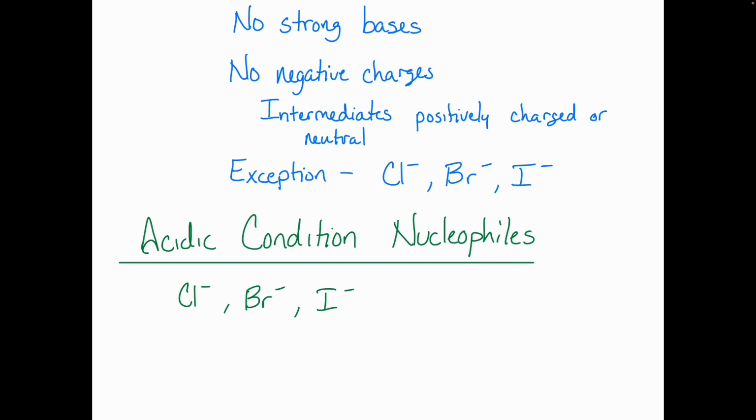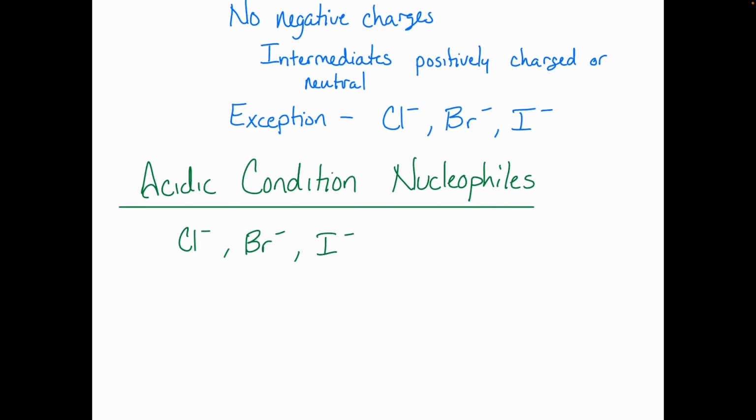These are all great nucleophiles. The other ones would be considered more weak nucleophiles because they're neutral nucleophiles. So for example, water would be an acidic condition nucleophile. That thing can exist under acidic conditions, and it can play the role of a nucleophile. Same thing as an alcohol.